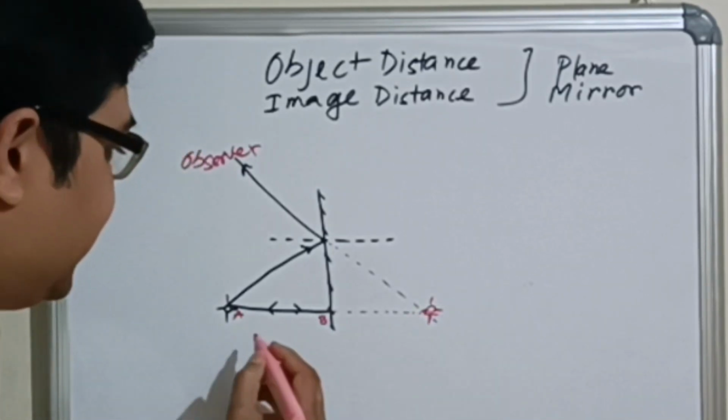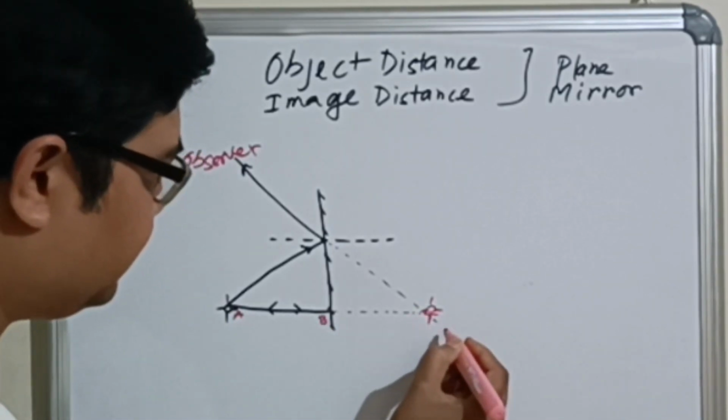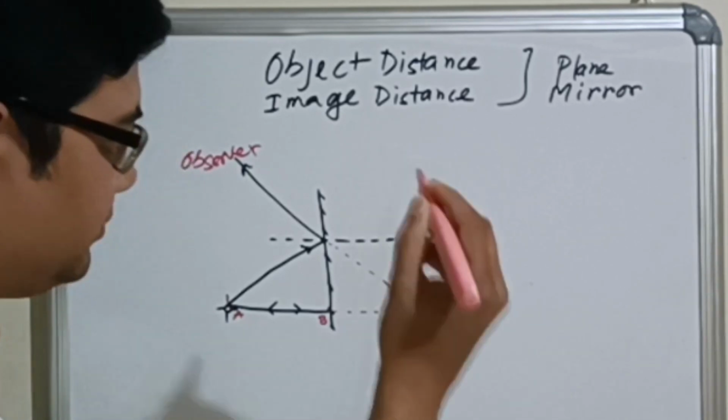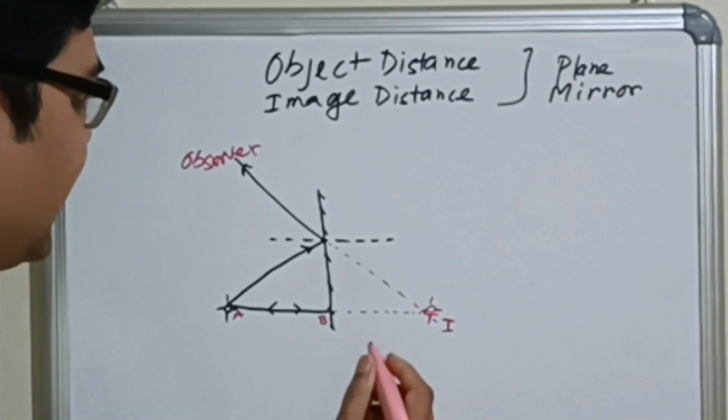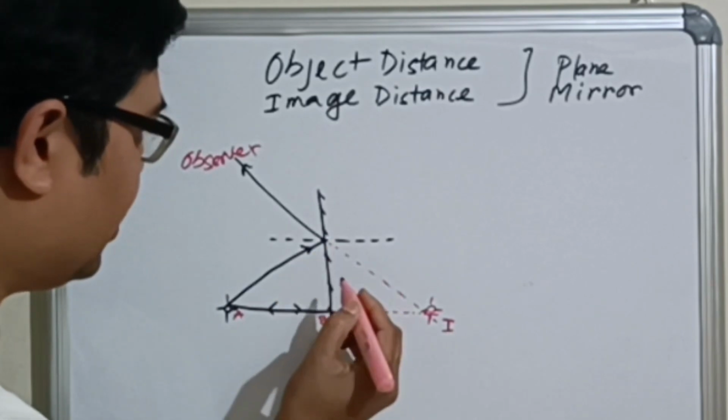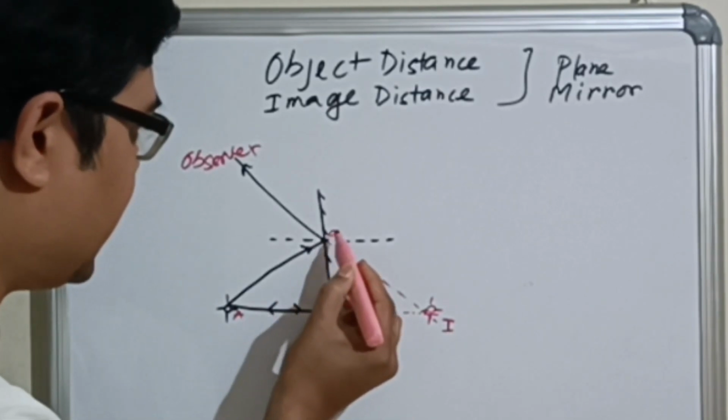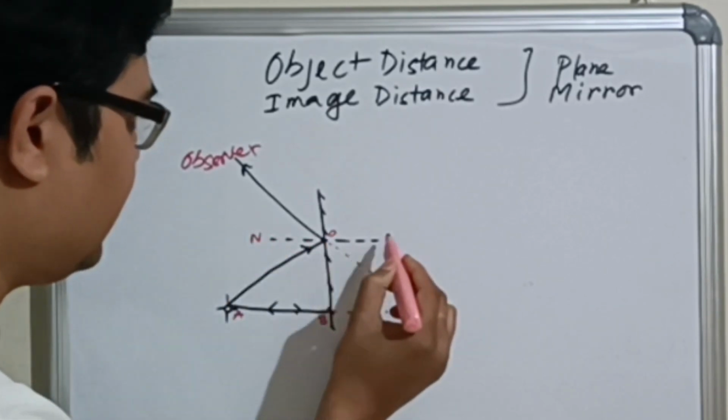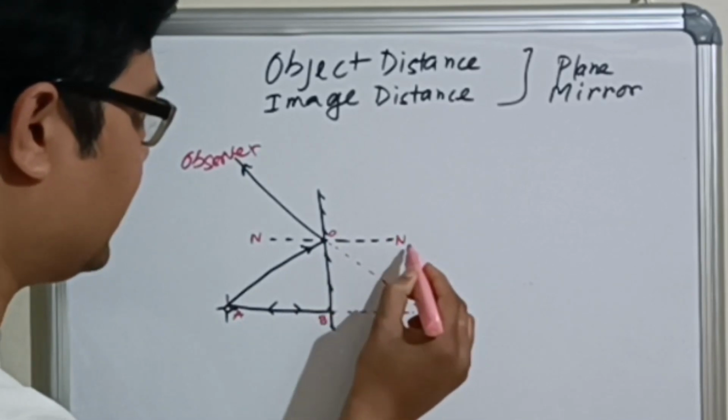Correct. Let us say this distance I, and let us say this distance O, and normal N1.